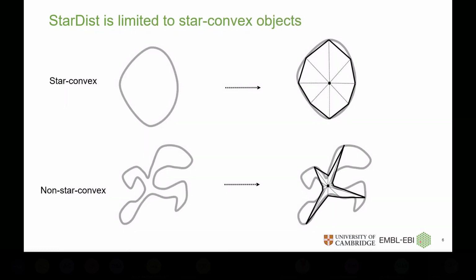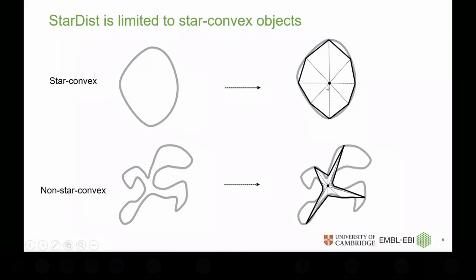Now, the base assumption for the success of StarDist is that the given shape needs to be star-convex so that StarDist is able to model it. We can call a shape star-convex if it contains at least one point inside the shape from which one can trace a straight line to all the points on the boundary without going out of the object, such as this one on the screen.